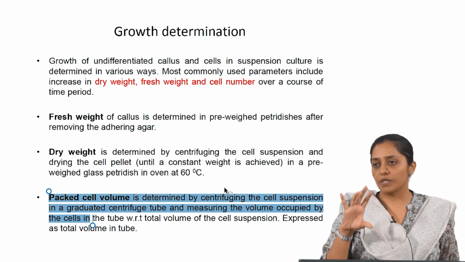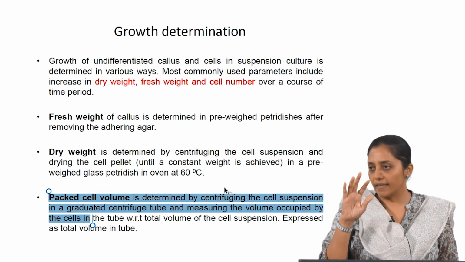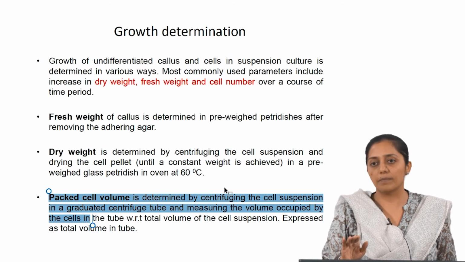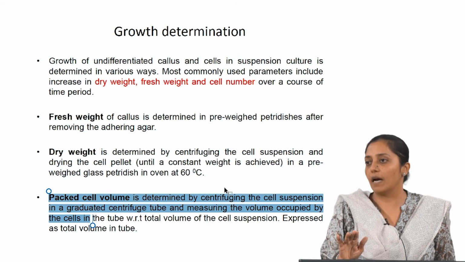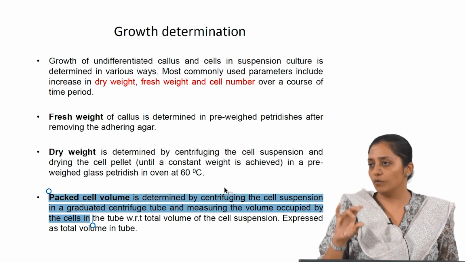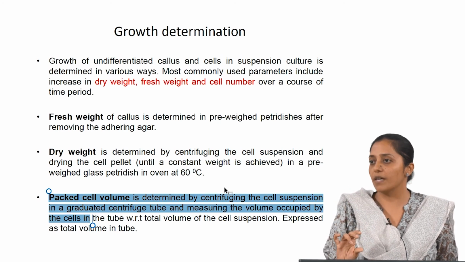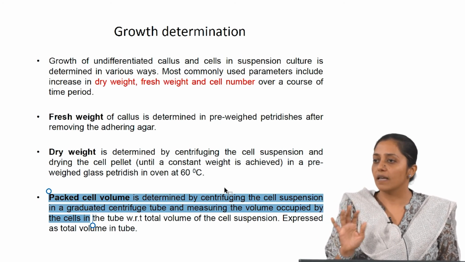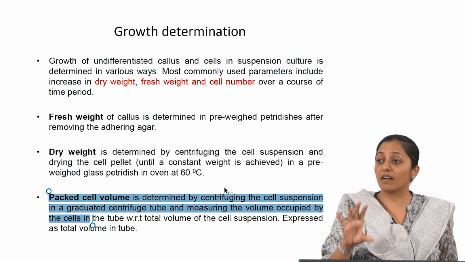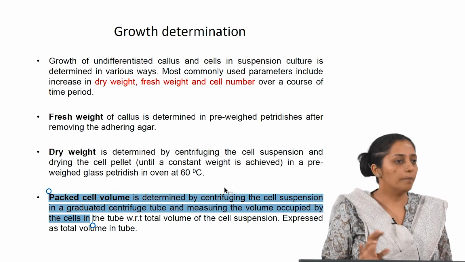You can use a centrifuge tube and let the plant biomass settle, because they form aggregates. After some time the biomass will settle down, and in comparison to the total volume occupied in that centrifuge tube, the percentage which the biomass occupies is represented as packed cell volume.